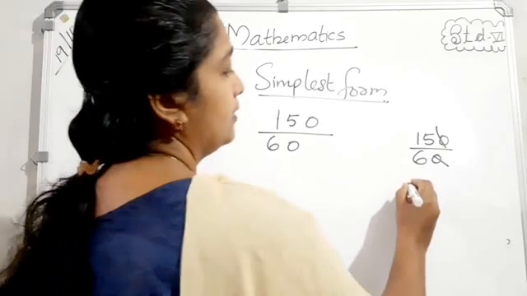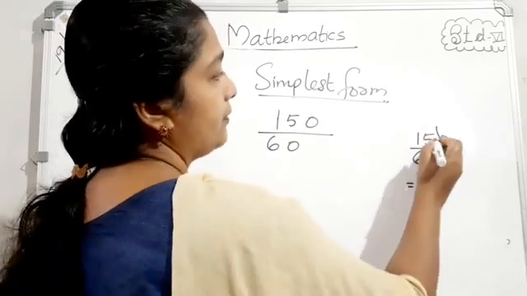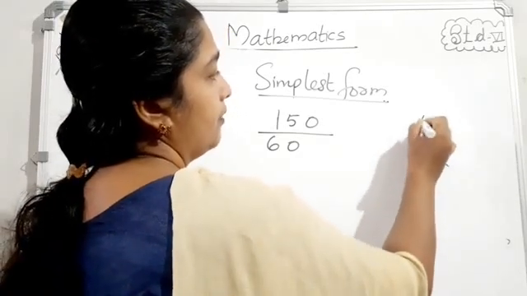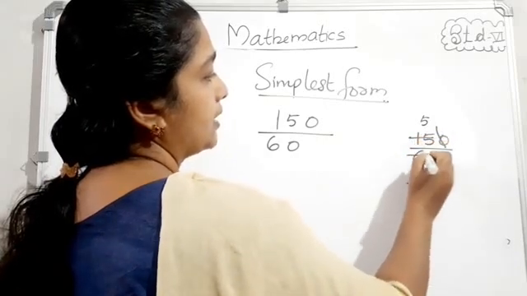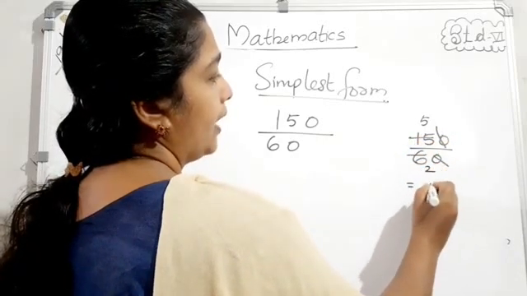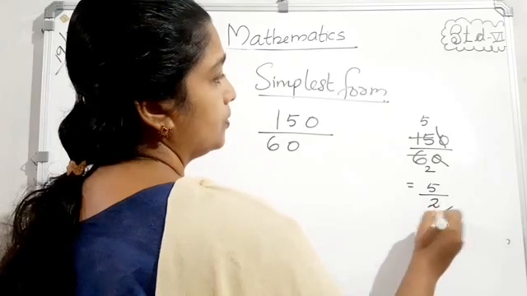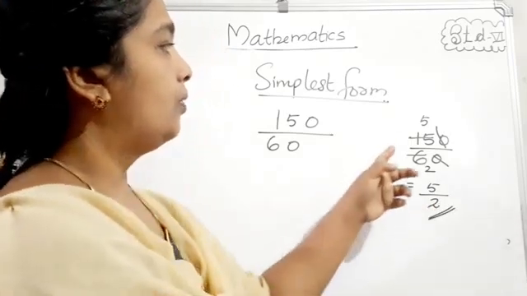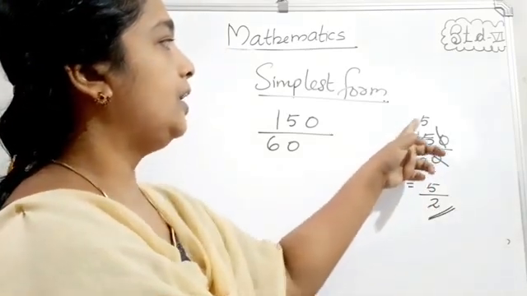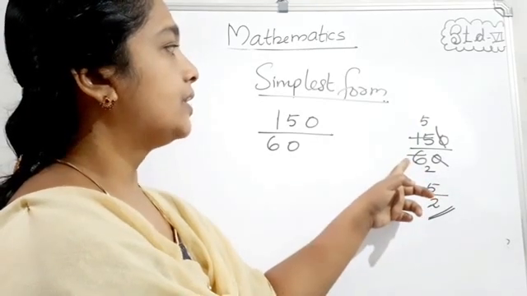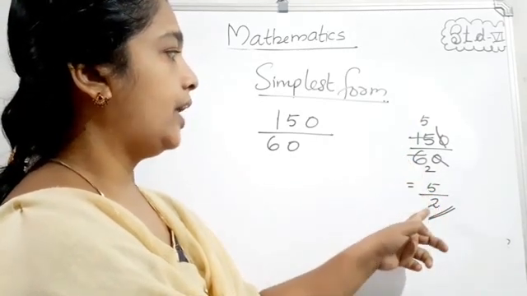In 15 and 6, 3 is a common factor. 15 by 3 is 5, then 6 by 3 equals 2. So, 5 by 2. Understand? Once more, 15 by 3 equals 5 and 6 by 3 equals 2. That is 5 by 2.